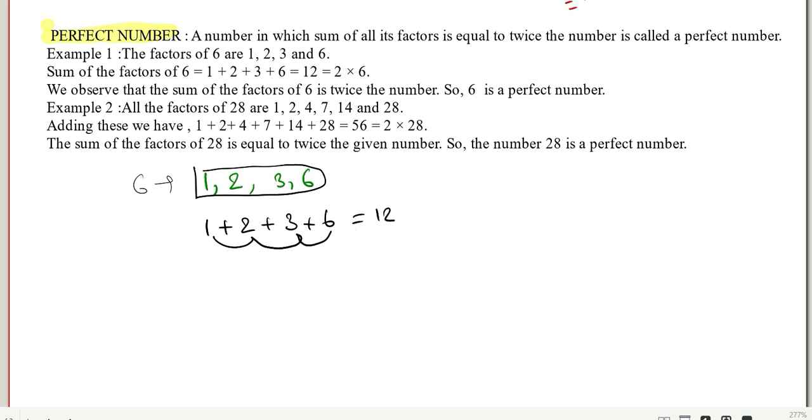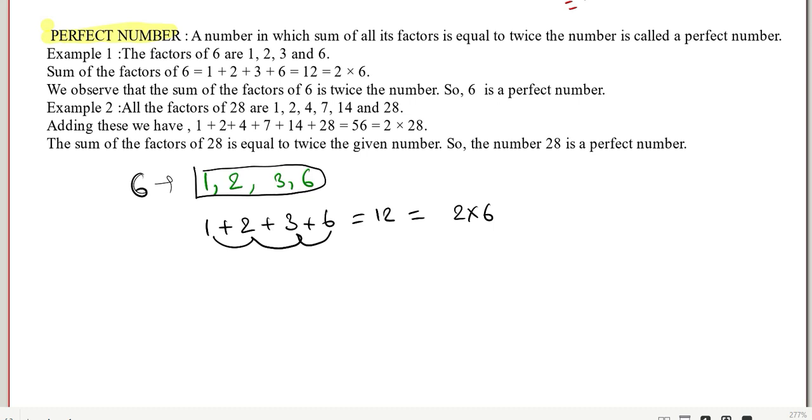The sum of the factors of 6 is 12. This 12 can be written as 2 times 6. That means the sum of all the factors of 6 is twice its number 6. So we say that 6 is a perfect number.